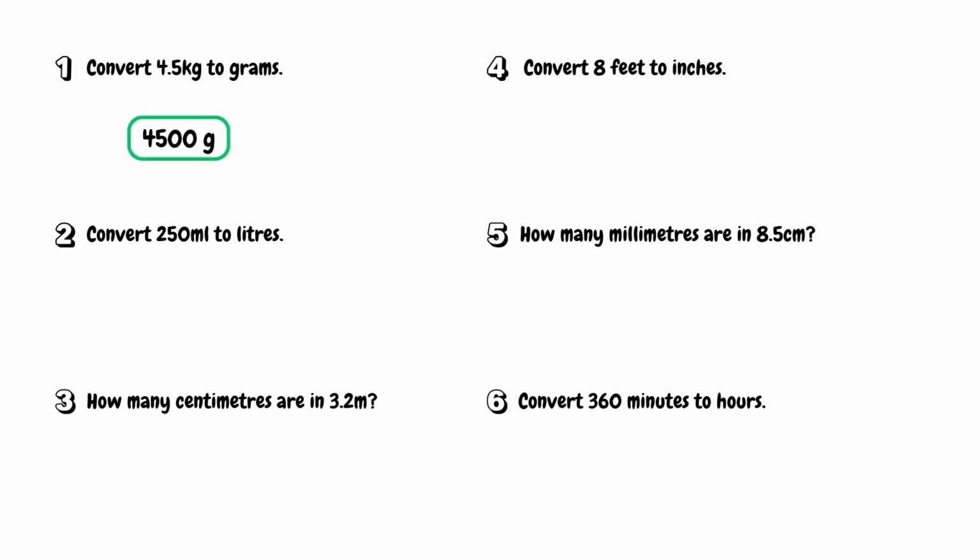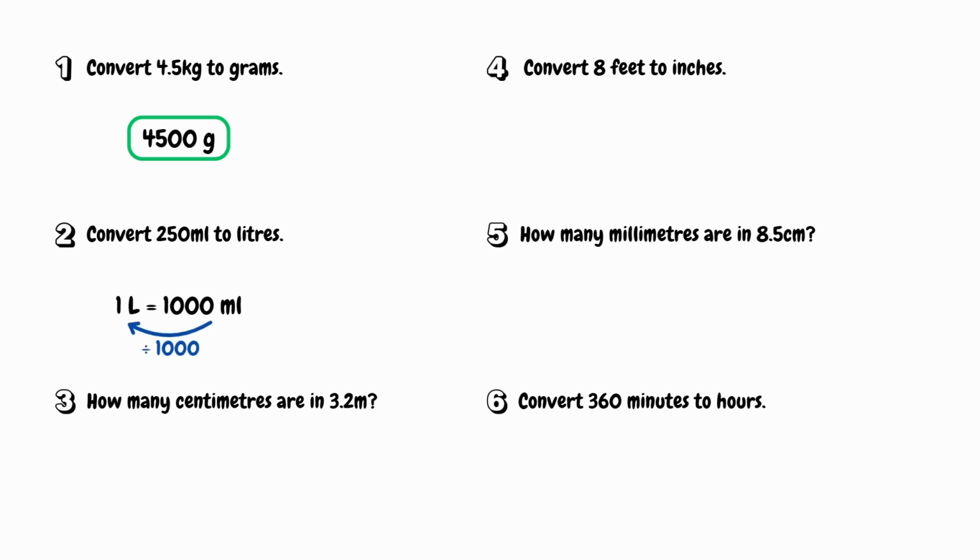4,500 grams. For question 2, we need to convert 250 millilitres to litres. Our unit conversion here is that 1 litre is equal to 1,000 millilitres. This time we're going from millilitres to litres, so looking at the unit conversion, we're going from right to left. How do I get from 1,000 to 1? Well, I divide by the number on the right.